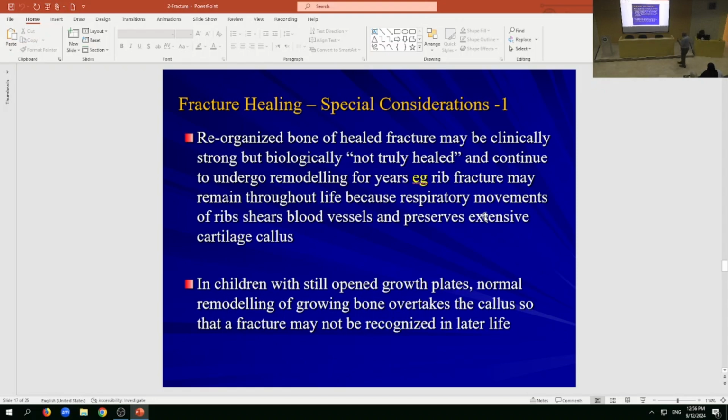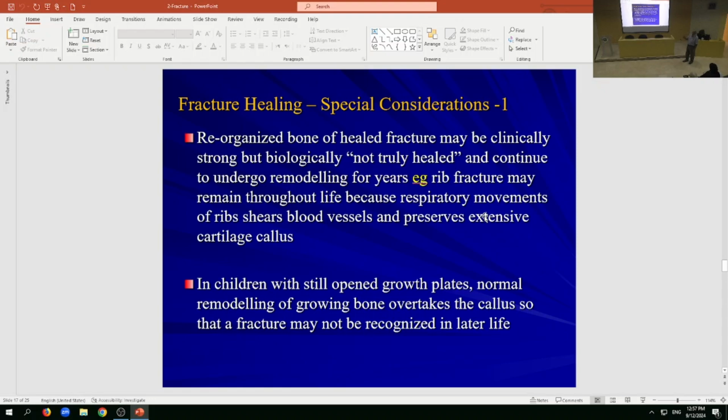The other is the location of the fracture. If the fracture is near the epiphyseal cartilage plate, what they call the growth plate, this is the cartilage area in the bone which gives the bone its length. Right? It is the epiphyseal cartilage plate. There are two in each long bone, and in some bones like the femur there are three, more than one, because that is the area that gives the bone not only its length but its shape also.